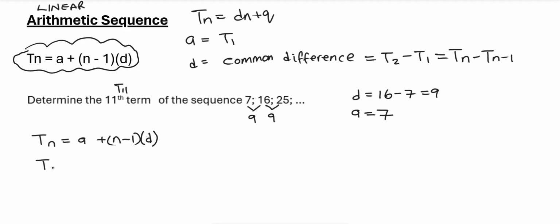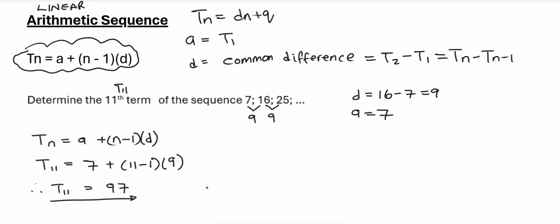Therefore T11: everywhere we see n, we substitute 11. Our first term is 7 plus (11 - 1) multiplied by our difference, which is 9. And therefore T11 is equal to 97.